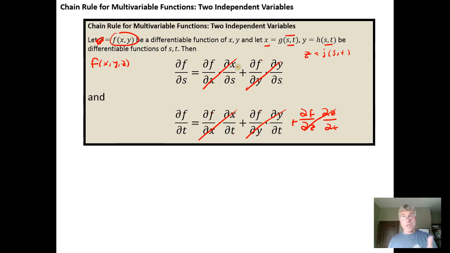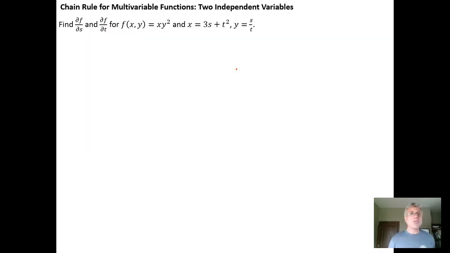in the way that you think they would. So let's just do one of these instead of two. I don't think that this needs two examples. So let's just say we want to calculate partial f partial s. I can't write the partial symbol right now.